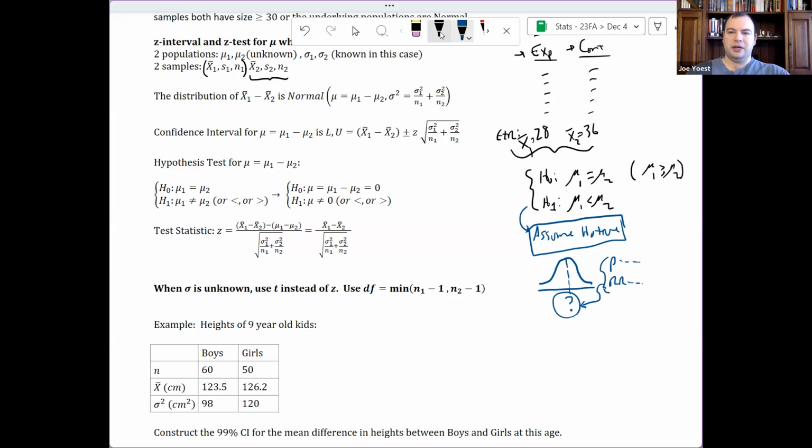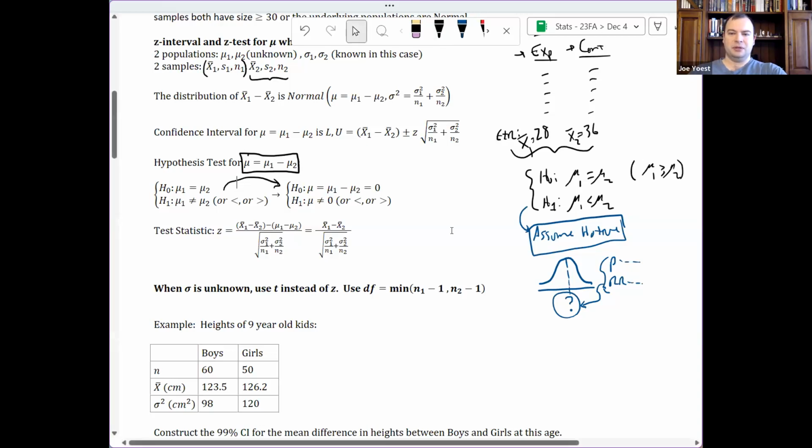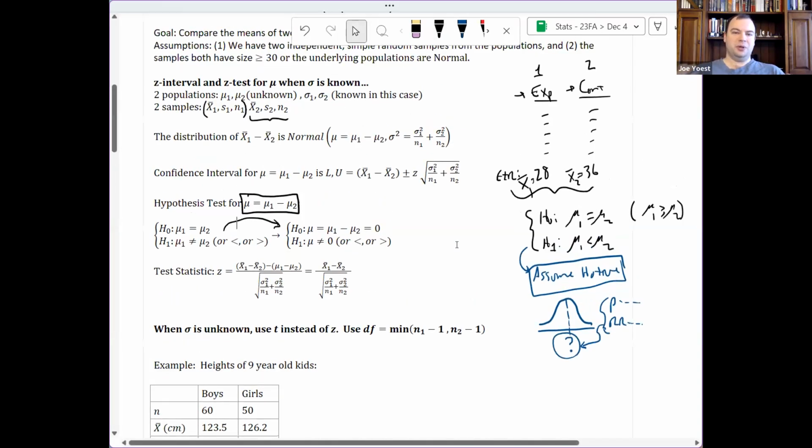So it turns out that the way that we want to set up our hypothesis tests is to just make one small change. We introduce a new variable called mu, which is mu1 minus mu2. Note that if we had access to both populations, their mu1 and mu2 would be fixed numbers that we don't know.